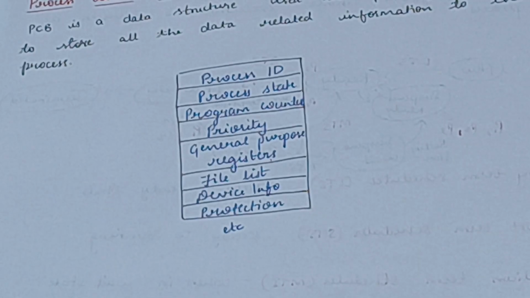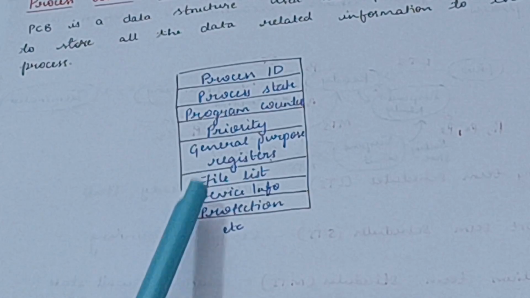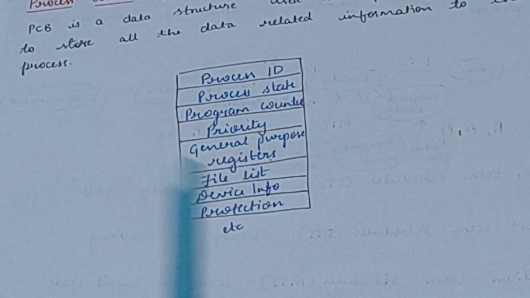When the process completes its execution and gets terminated, whatever resources were allocated to the process will be given back to the operating system. The process control block is also a resource that was allocated to the process when it was created, right? So on its termination, even the process control block will be given back to the operating system.